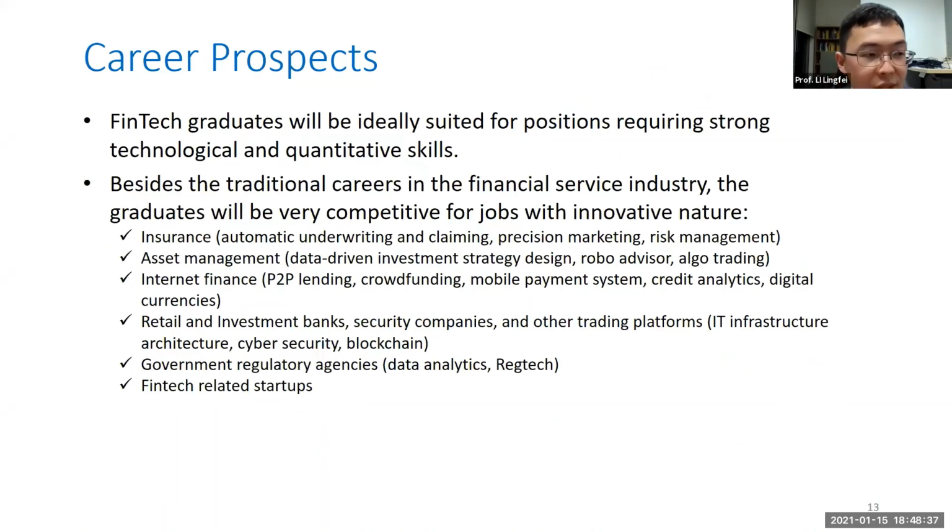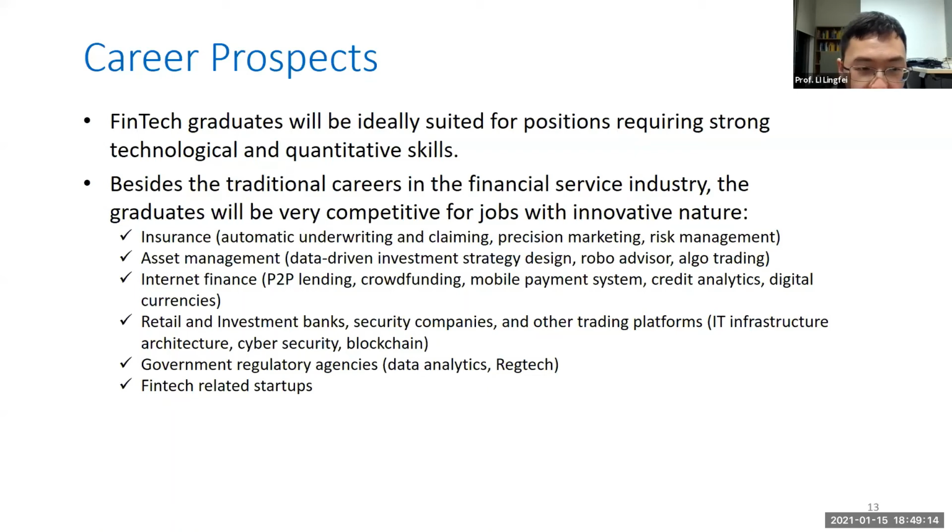For career prospects, I think our students are well suited for positions in many types of financial and insurance companies. They can work definitely in conventional banks and insurance companies, but they can also work in new types of firms, like FinTech startups, and there are also lots of new opportunities in technology firms and from the regulator.